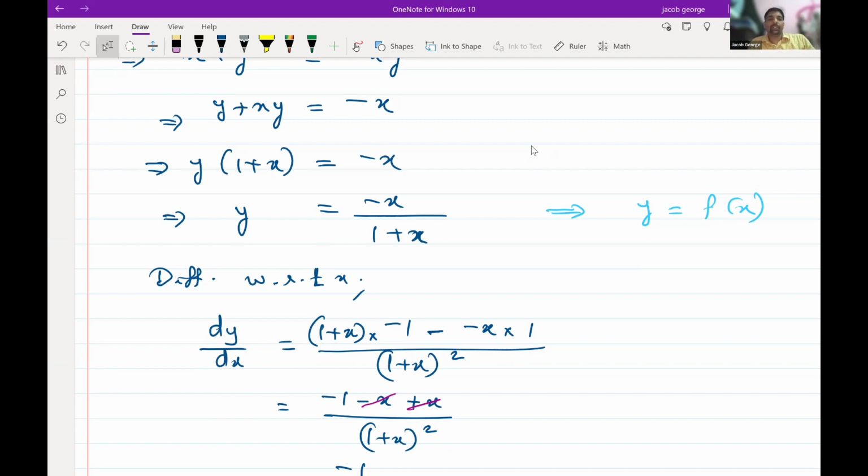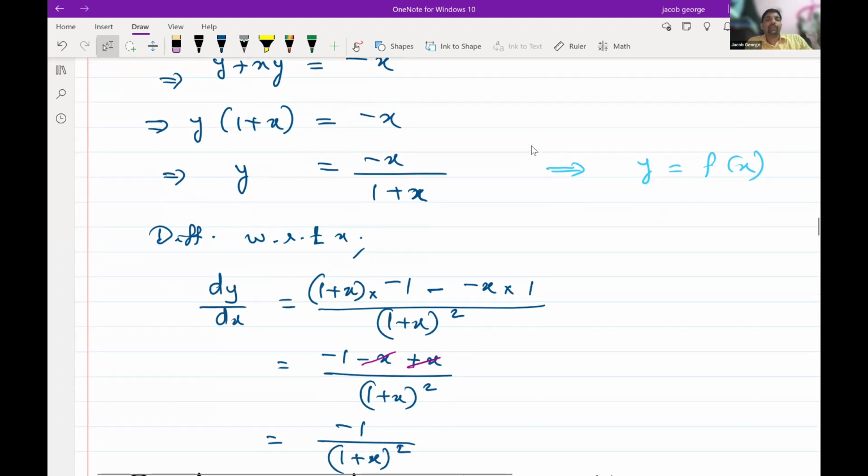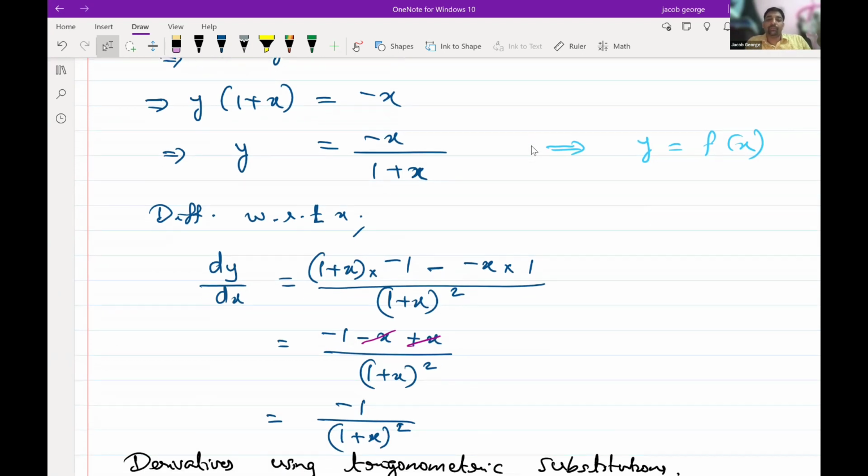After that, differentiate with respect to x by quotient rule: denominator into derivative of the numerator, minus numerator into derivative of the denominator, by square of the denominator. So this way we can easily do the derivative. This question is also an important question.